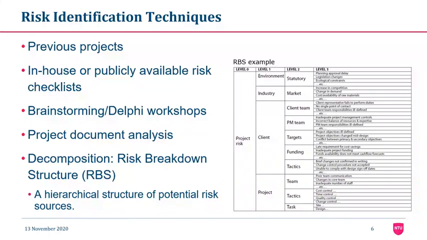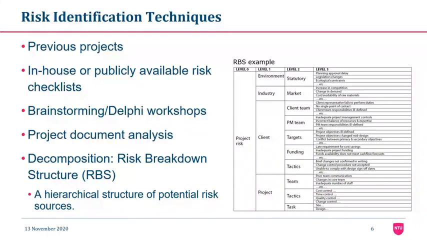And as you can see in this table on the right-hand side, here is an example of RBS. In level 0, we have the general project risk. And then in the first level, we have the categories: environmental, industry, client, and project. In level 2, again, we try to break it down into small chunks. For example, on the client, we have client team, PM team, targets.